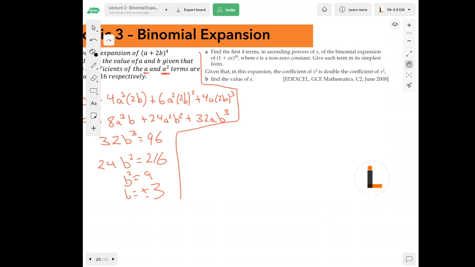Again, this is the idea, we're comparing coefficients here to find these values.